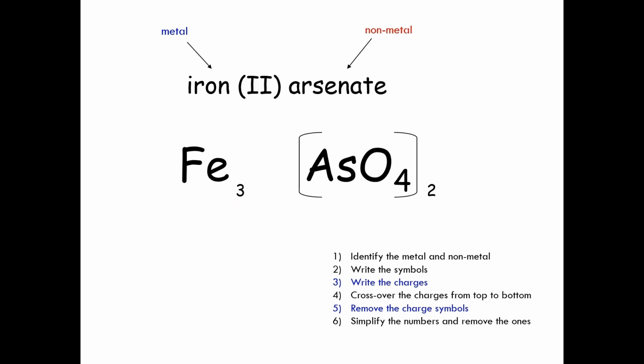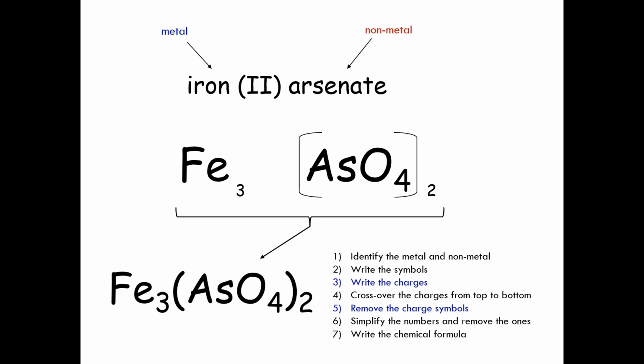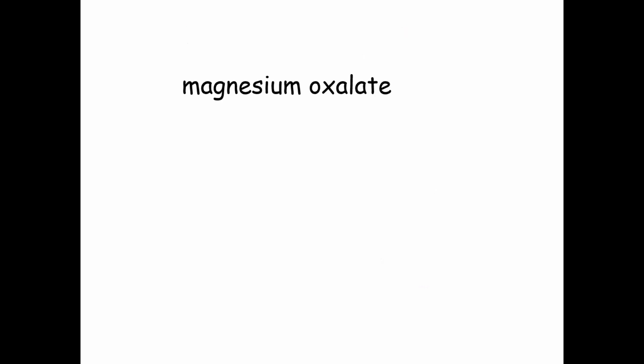And so obviously I cannot simplify the 3 and the 2 here, and so I write my chemical formula as Fe3(AsO4)2.